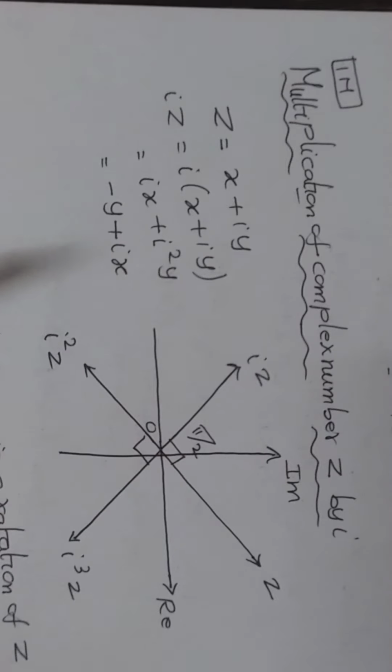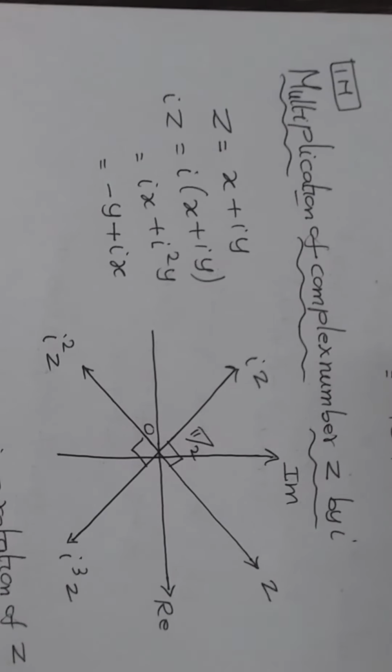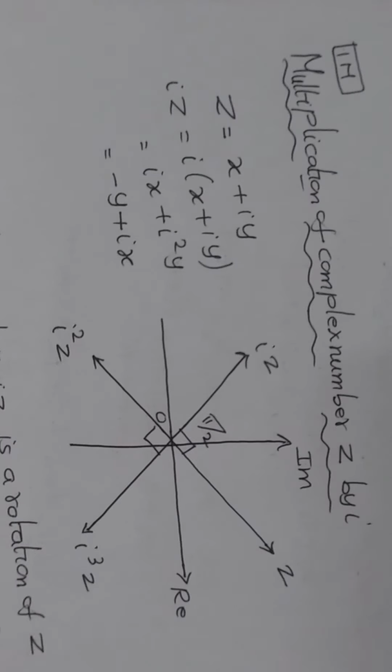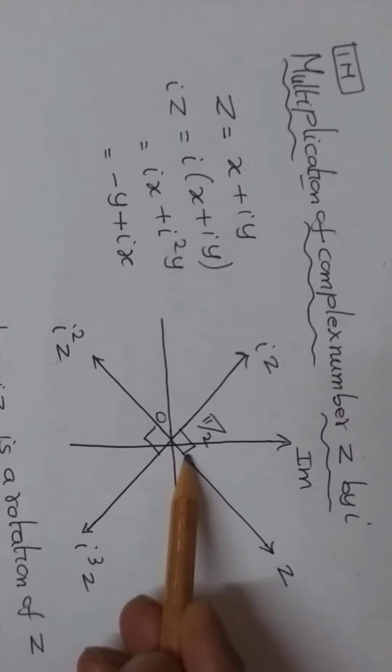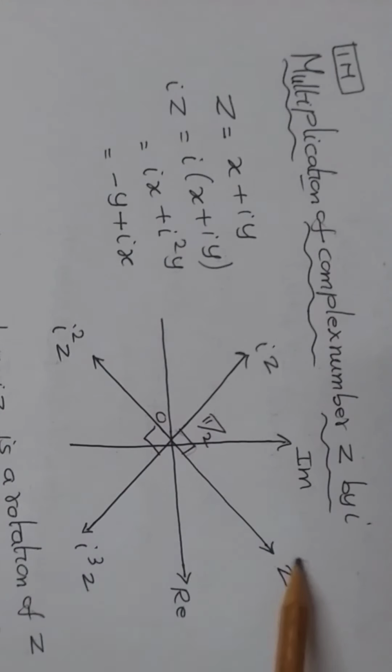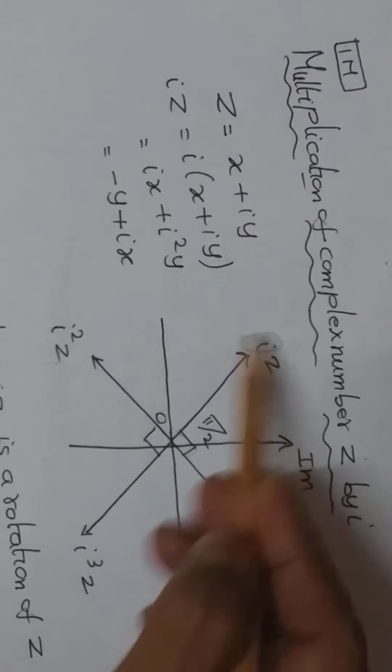That means this is shifted 90 degrees, or it will be rotated 90 degrees in the counterclockwise direction. If z is present in the first quadrant, iz is present in the second quadrant, which is nothing but shifting of z by 90 degrees. You see here, this is z, it is shifted by 90 degrees when this z is multiplied with i.